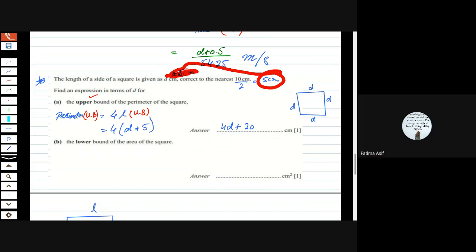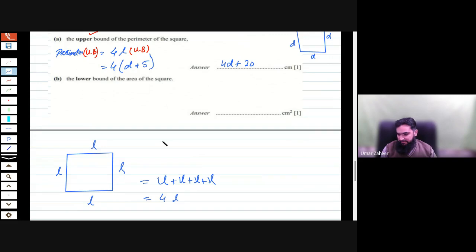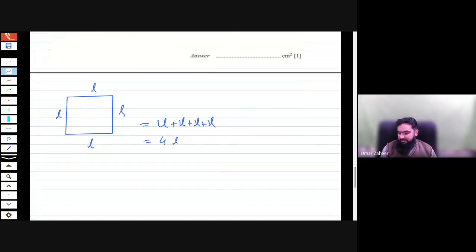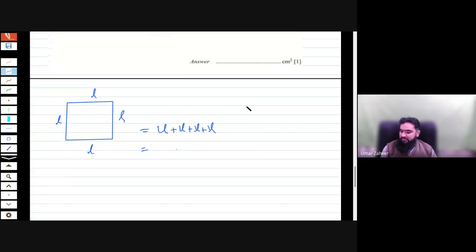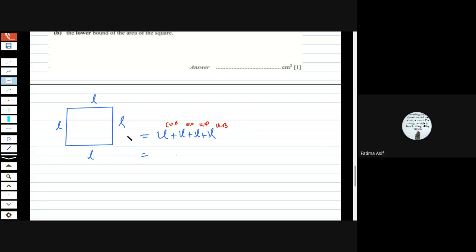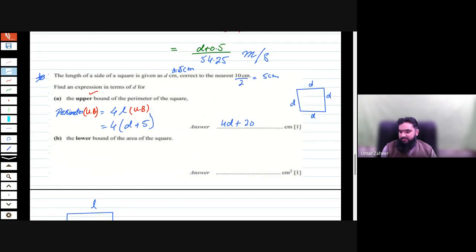Yeah, but wait, one second. If I write it like this, one second. The length plus length plus length, right? Yeah. So obviously, we are going to take the upper bound of the first value, upper bound of the second value, upper bound of the third value, upper bound of the fourth value when we find the perimeter and we are finding the upper bound. So what is this? Upper bound d plus 5.